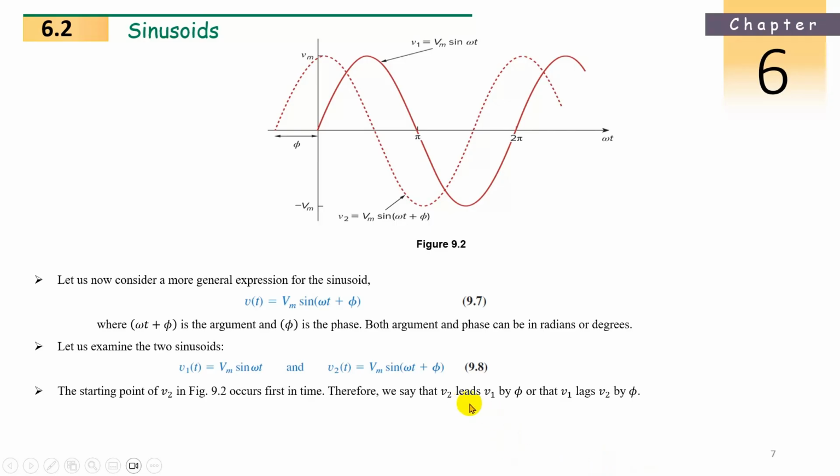And V2 leads V1 by that phase, fine. So if you use the words lag and lead, there is no plus or minus. If you are using minus and plus, then we have to use the same terminology. We can use only one term, lag or lead, with plus or minus.